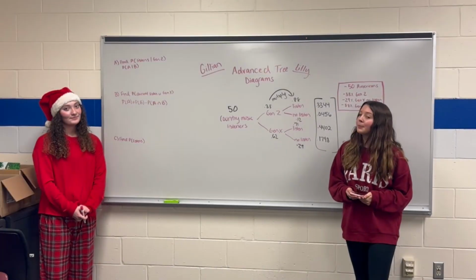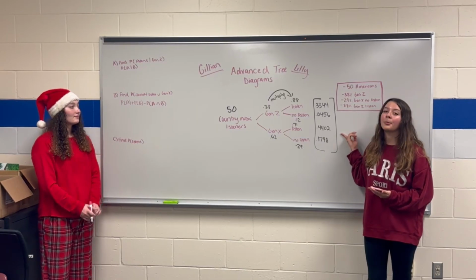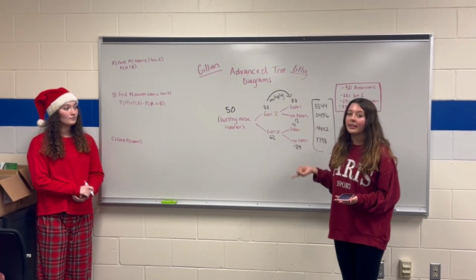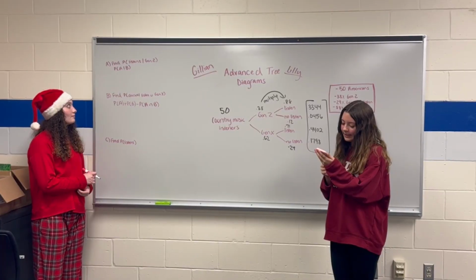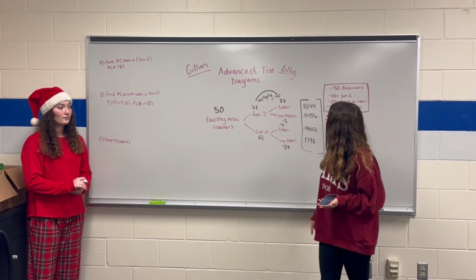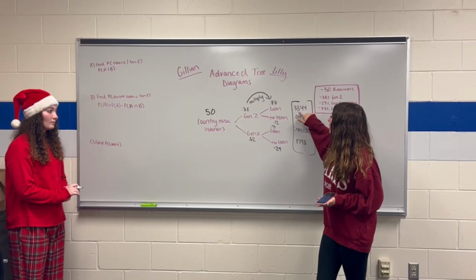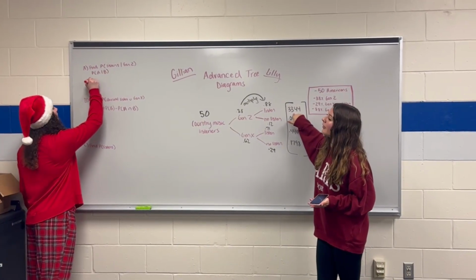When we're solving the AP problems, we're using the final probabilities we got from multiplying. When we're finding a given problem, we're going to take the probability that they listen. So it's going to be Gen Z listen, which is 0.3344 on the top of the fraction.